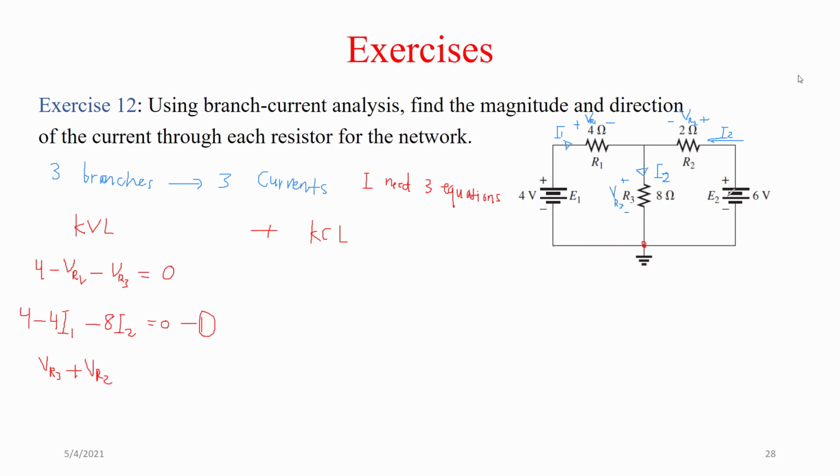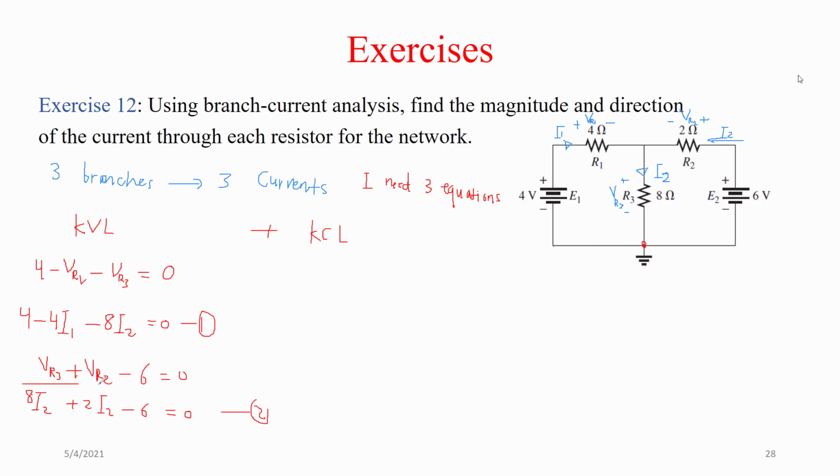Then here, going from positive to negative, it's going to be minus the voltage here, 6, equal to 0. Now I'm going to replace this with the 8 times I2 plus 2 times I2 minus 6 equals 0. This is the second equation.